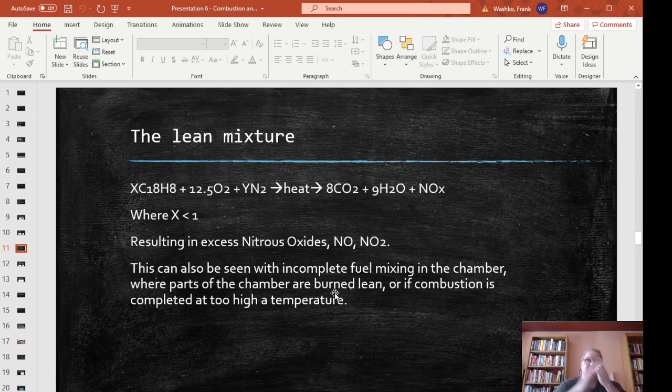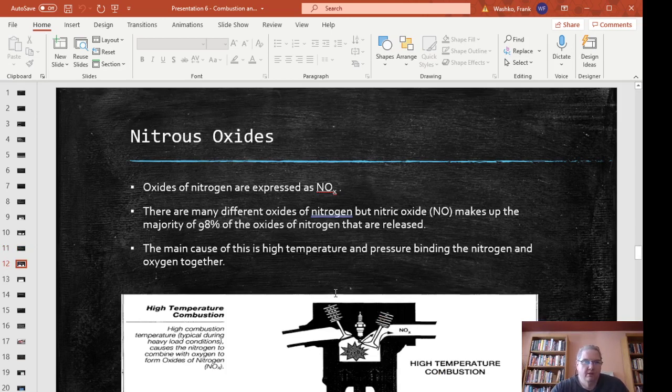Do you remember we talked about the rich mixture? We said that could happen if combustion is taking place too cold. You could end up with unburned hydrocarbons and potentially carbon monoxide. If the combustion takes place too hot, which kind of sounds funny, you'd think hotter is better, if it goes too hot, you end up with NOx produced.